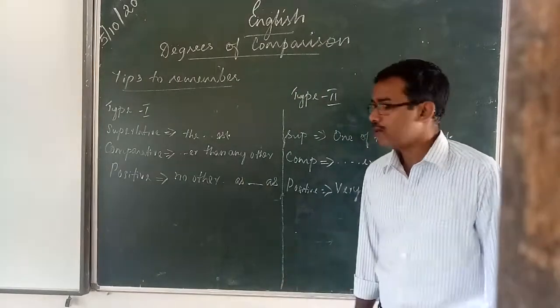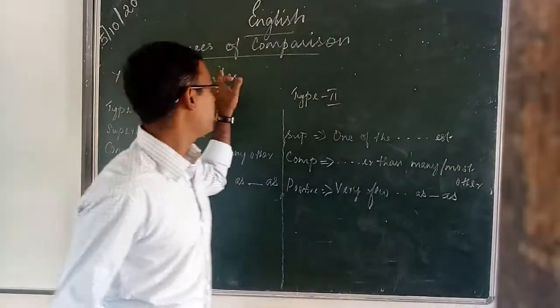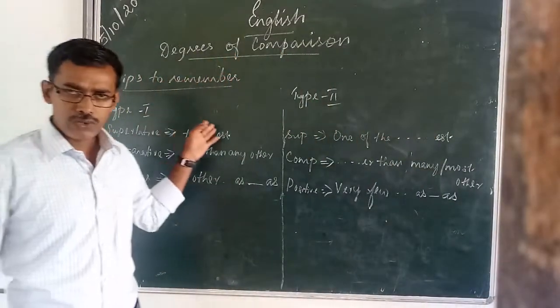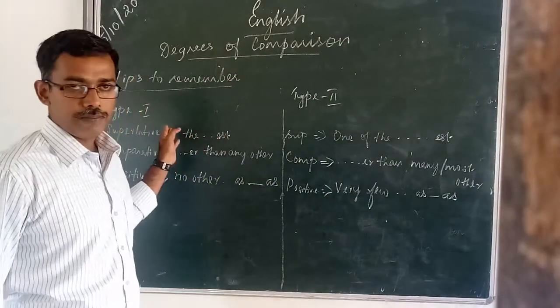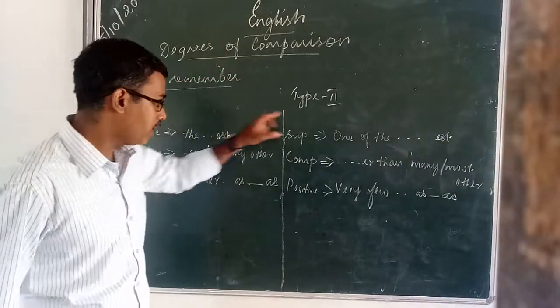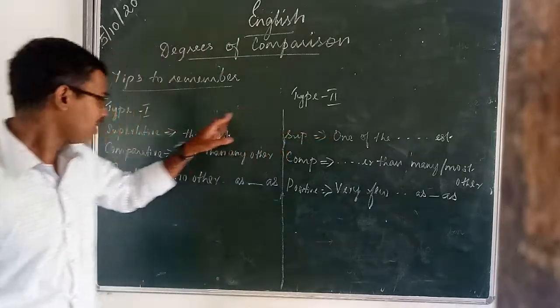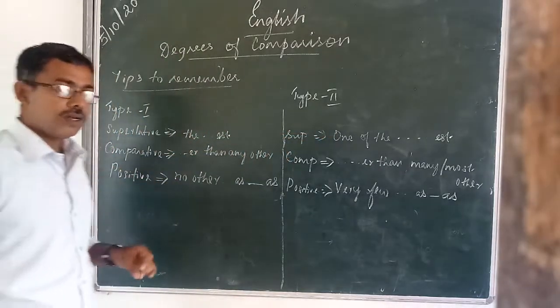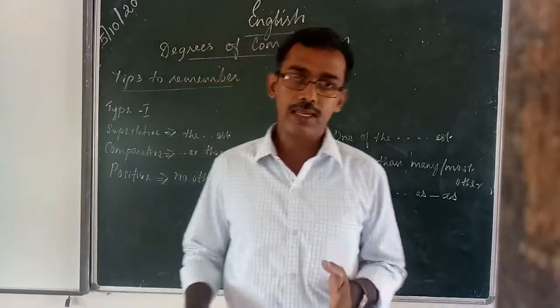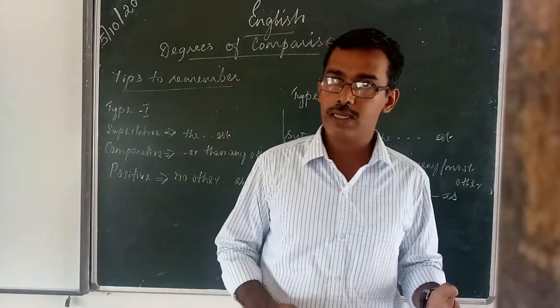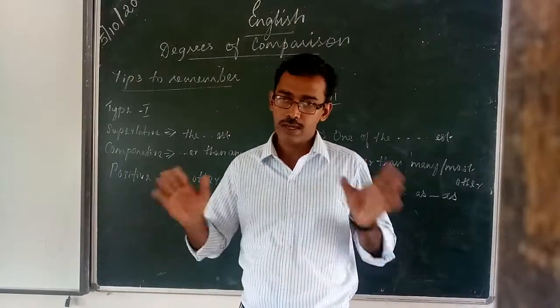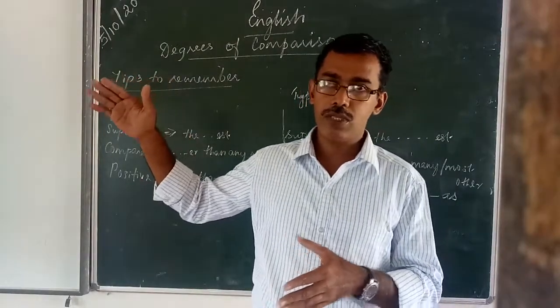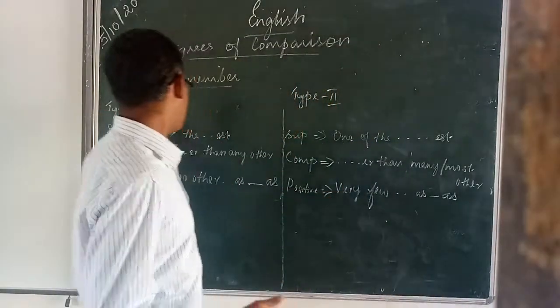This is a continuation of our previous class, degrees of comparison. Now I am going to recall what I have taught in the previous class, that is type 1 and type 2. Here in type 1, when you are selecting the topmost or the least in a group, you have to use type 1.